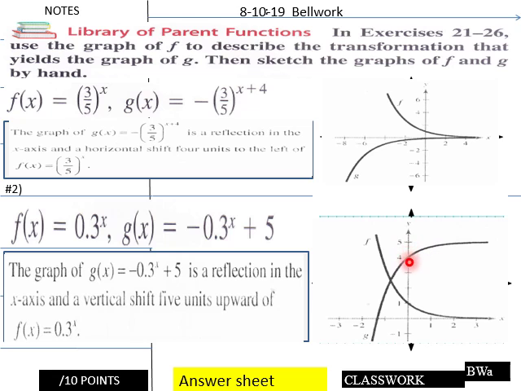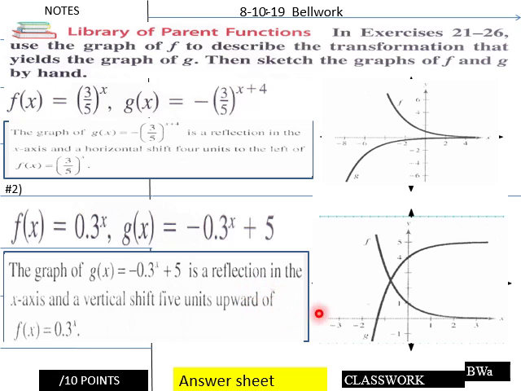Here is our y-intercept, and then down here, when x equals 0, y equals 1. So this is your shift here, and 5 units upwards. There's an upward shift here of 5. Vertical shift of 5 units upwards.